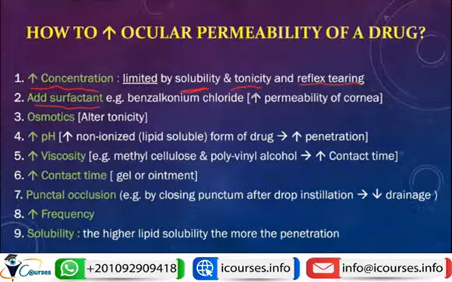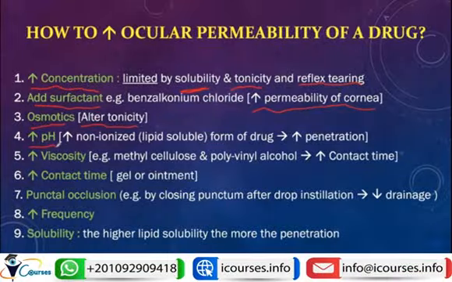This kind of compound is added to almost every eye drop as a preservative, so that it preserves the structure of the eye drop. It will also alter the tonicity, making it hypertonic or hypotonic, leading to a change in ocular permeability.